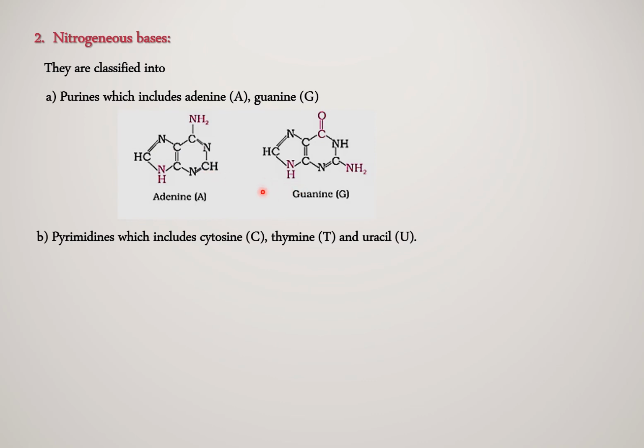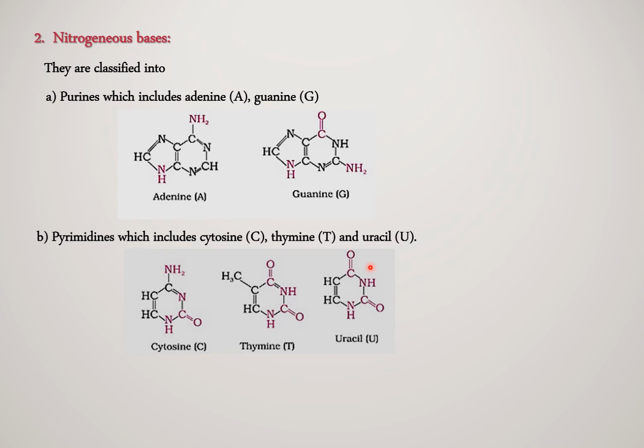You need not memorize the structures for the board examination. You should know them. That's all. The pyrimidines include cytosine, symbol C, thymine, T, and uracil, U. So these are the structures of cytosine, thymine, and uracil. You don't have to memorize the structures again.